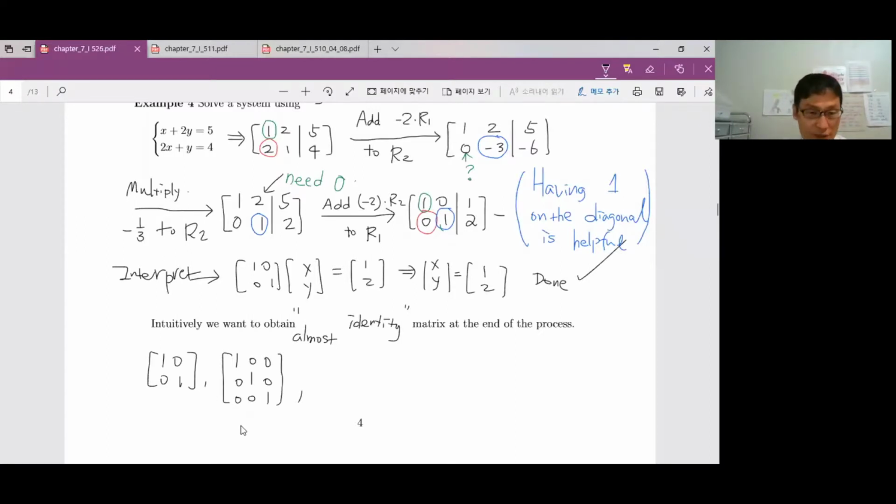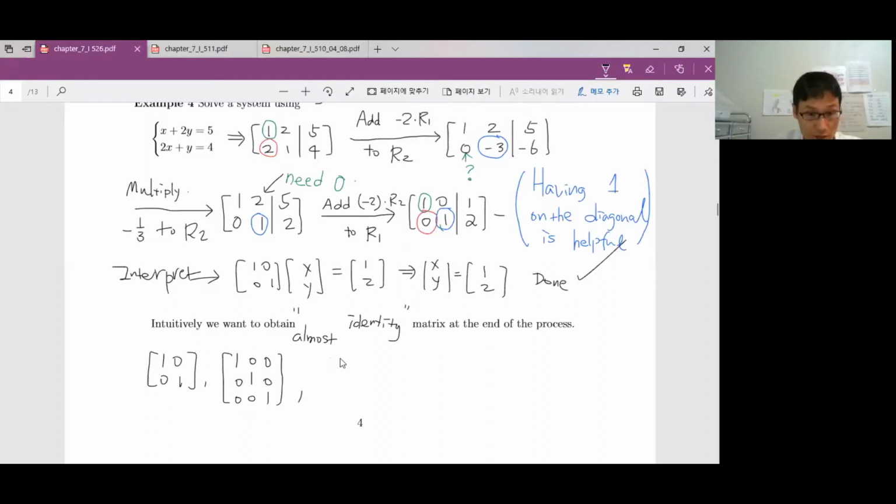Well, I should say identity matrices are too good. They are ideal, but our calculation will not always give you the identity.